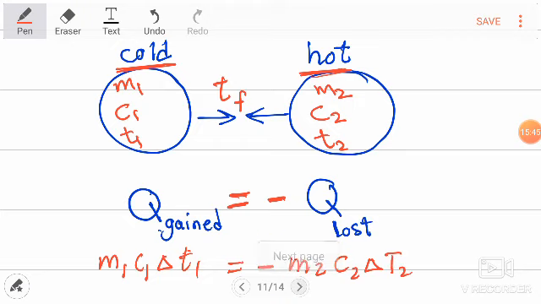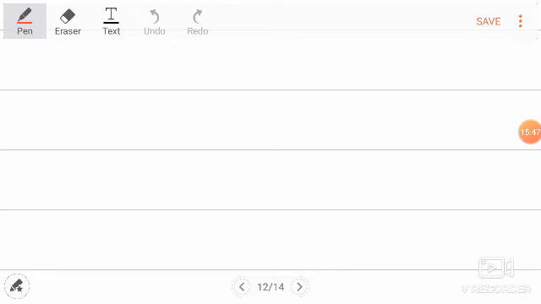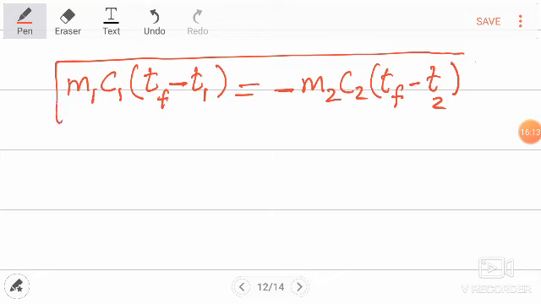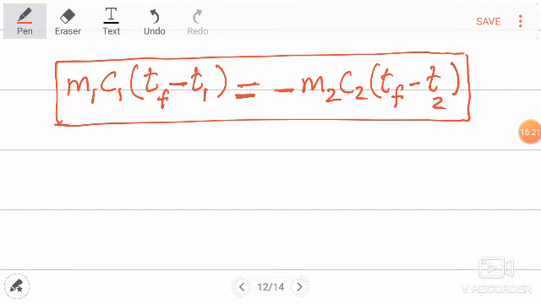Okay? So M1 C1 delta T1, which equals TF minus T1, equals minus M2 C2 delta T2, where delta T2 equals TF minus T2. This is the rule or the formula which we will use to solve the calorimetry calculations.